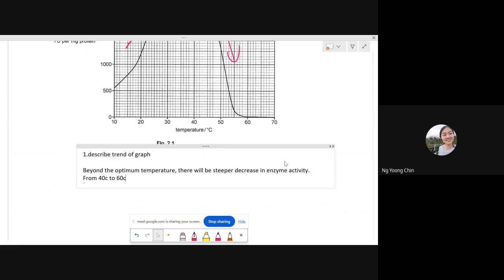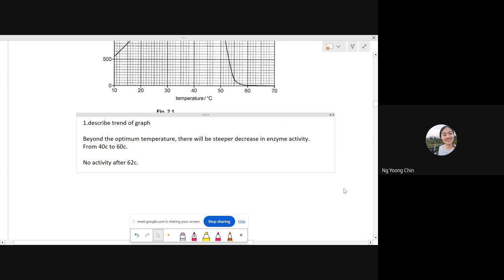So until there will be no more activity. Yeah, this one you wrote already. No activity after maybe 62 degrees Celsius. Okay, so this is your description of the trend.